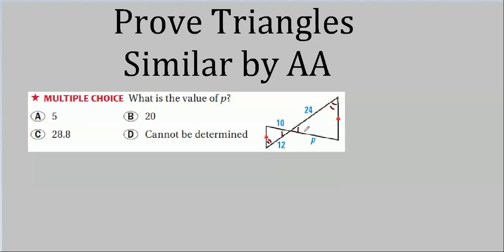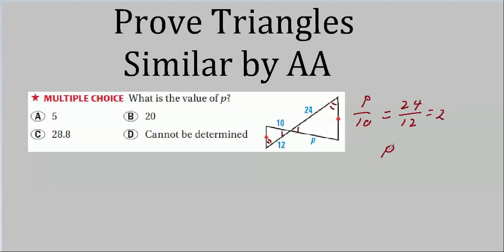So, let's say that P here corresponds to 10 and 12 corresponds to 24. So, we can write P over 10 equals 24 over 12, if I got this right. That, of course, equals 2.